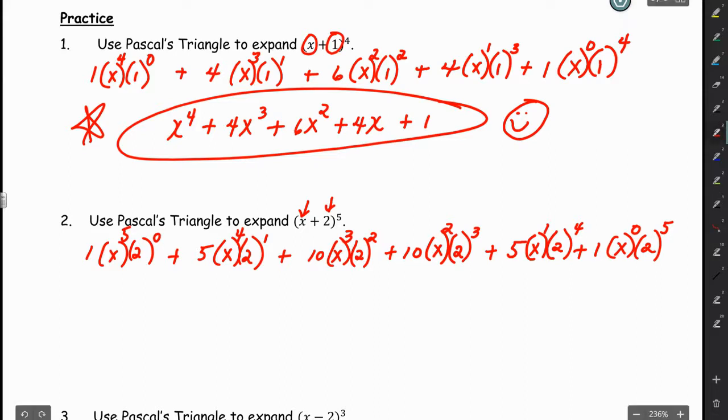So for the first term, we just have x to the 5th. Now for the second term, we have 5 times 2 because we have this 2 to the 1st. So we have 5 times 2, so we're going to get 10x to the 4th. For the next one, we have 2 squared, that's 4, and 4 times 10 gives us 40.